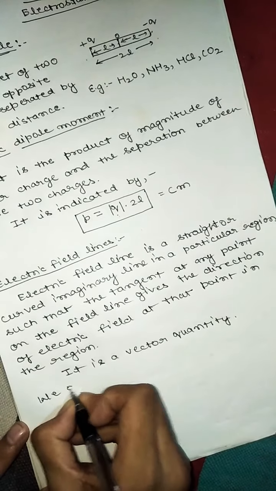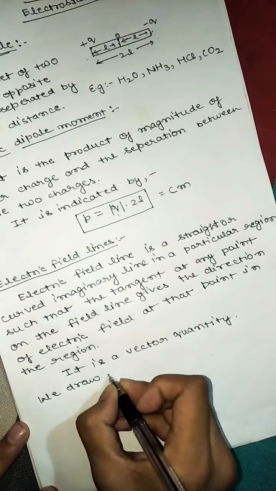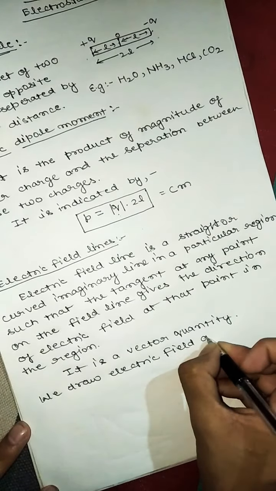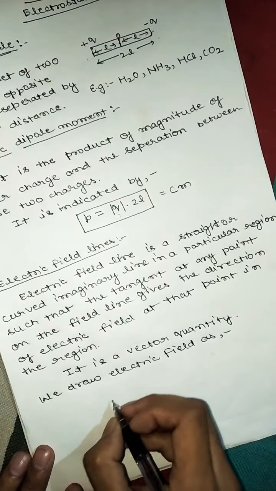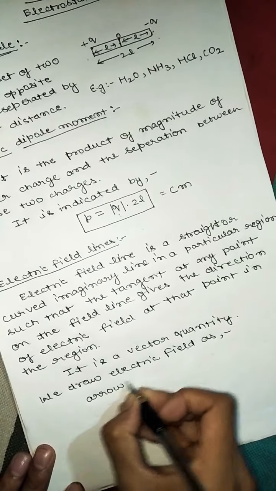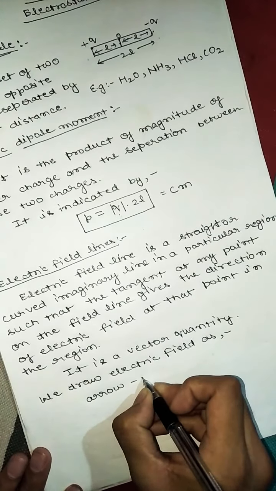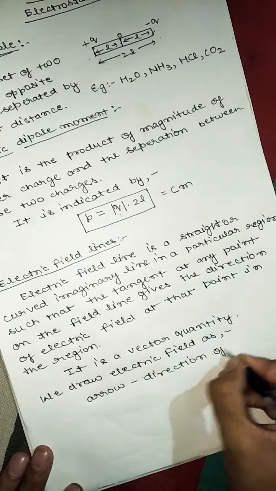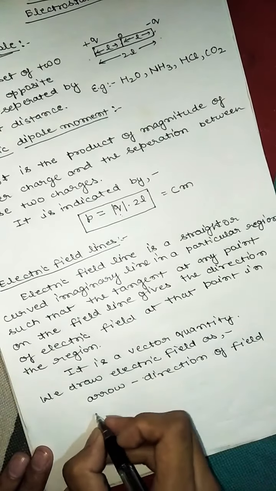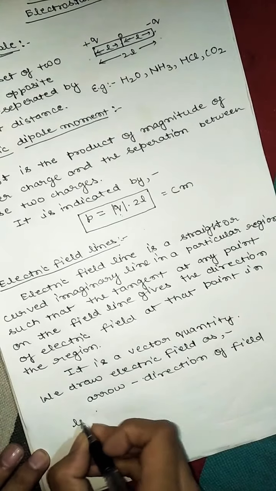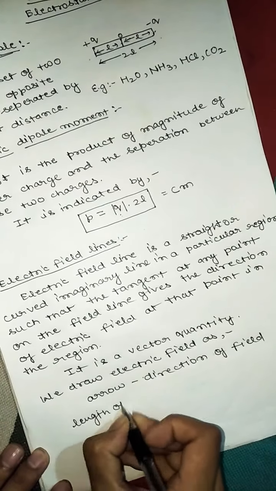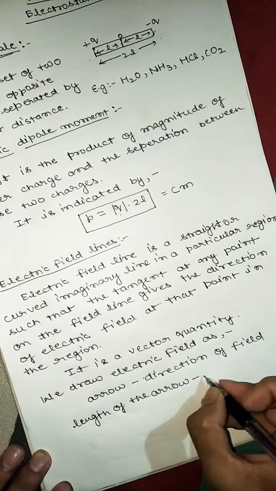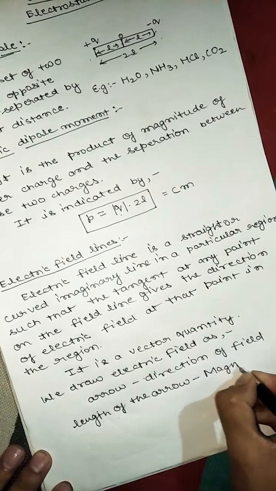We draw the electric field as an arrow: the arrow indicates the direction of the field, and the length of the arrow indicates the magnitude of the field.